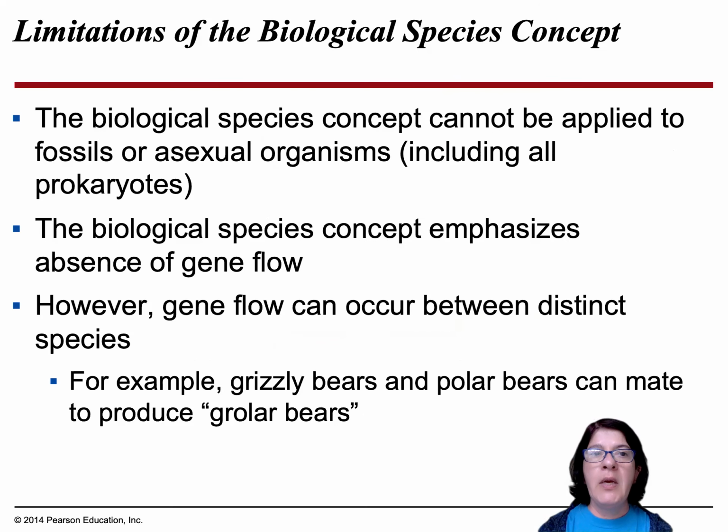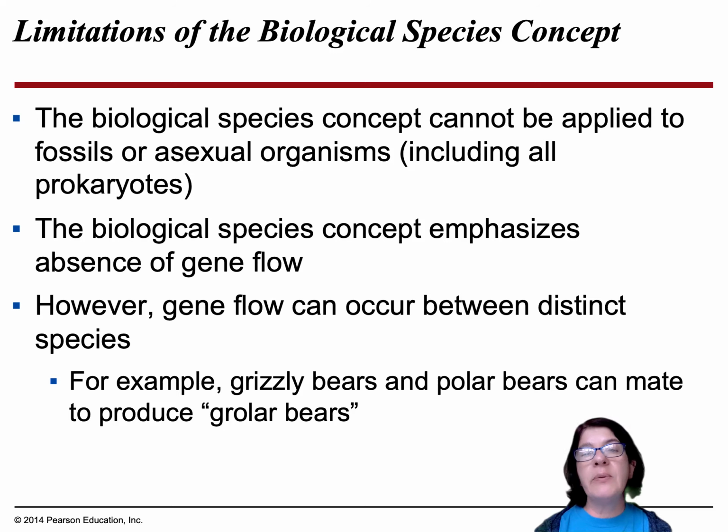So this is all great, but there are limitations to the biological species concept. The biological species concept, as we have defined it, cannot be applied to fossils, because we cannot test whether one fossil is able to mate with another fossil and produce viable and fertile offspring, correct?